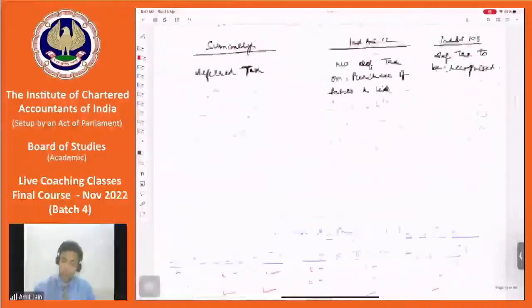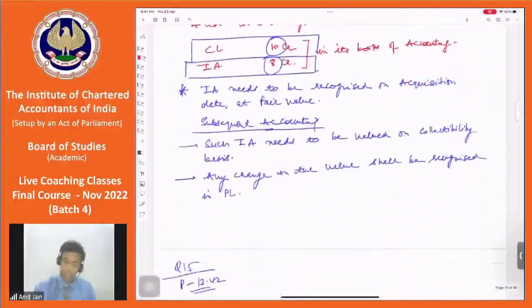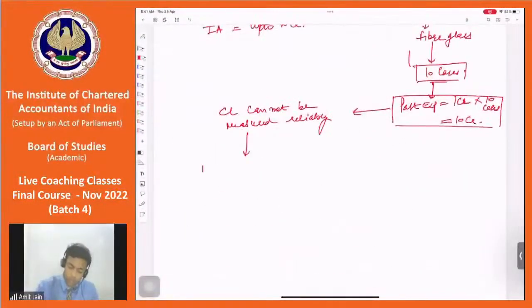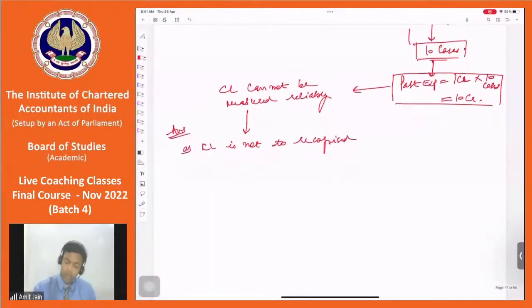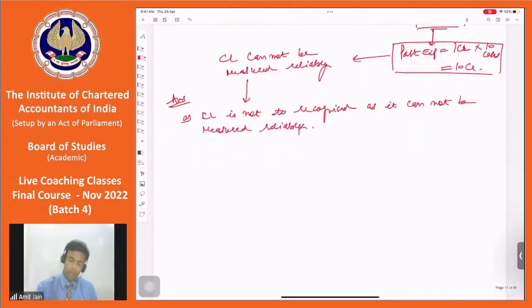In this case, contingent liability is not to be recognized, as it cannot be measured reliably. And therefore, no indemnification asset is to be recognized.